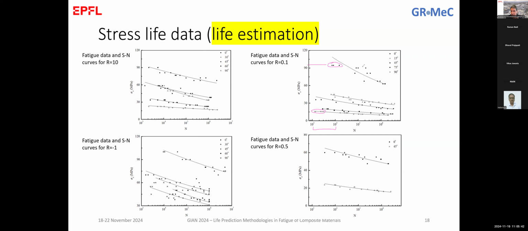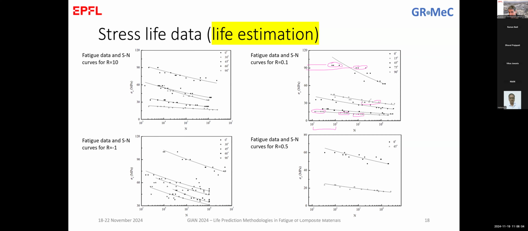This is one stress level, a second stress level, and so on. Each stress level shows less scatter than a decade of life. So in this case, here we are okay. Here we are okay. Here we are okay. Okay, doesn't mean that we are good, we are happy with that.